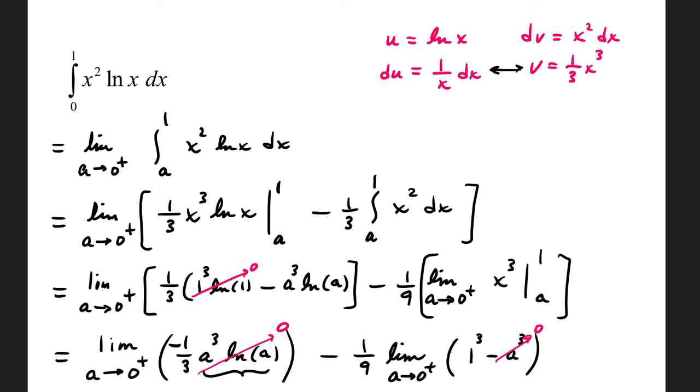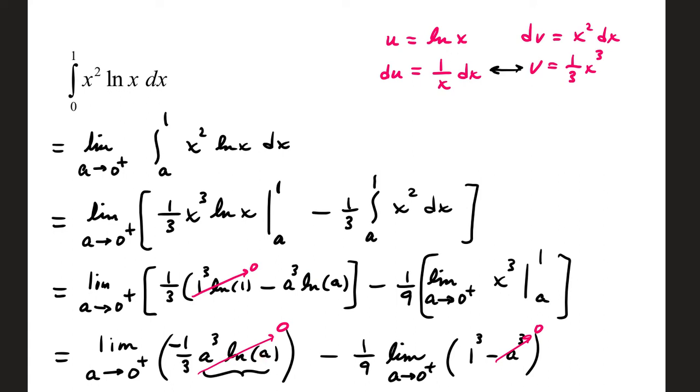In the first part of this problem, we're going to take 1/3 times 1 cubed times natural log of 1. That's with that top number plugged in. Well, ln of 1 is 0, so that first part goes to 0, minus 1/3 times a cubed ln of a. As a approaches 0 from the right, this term will go to 0.